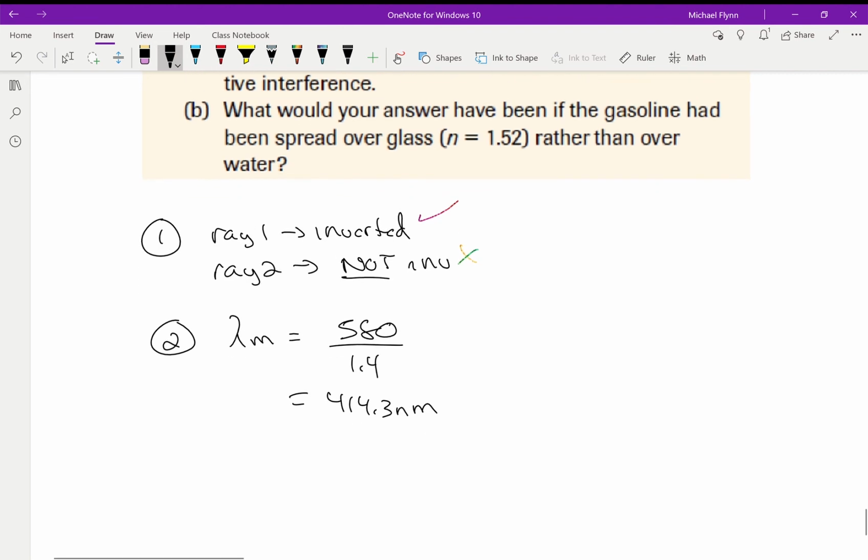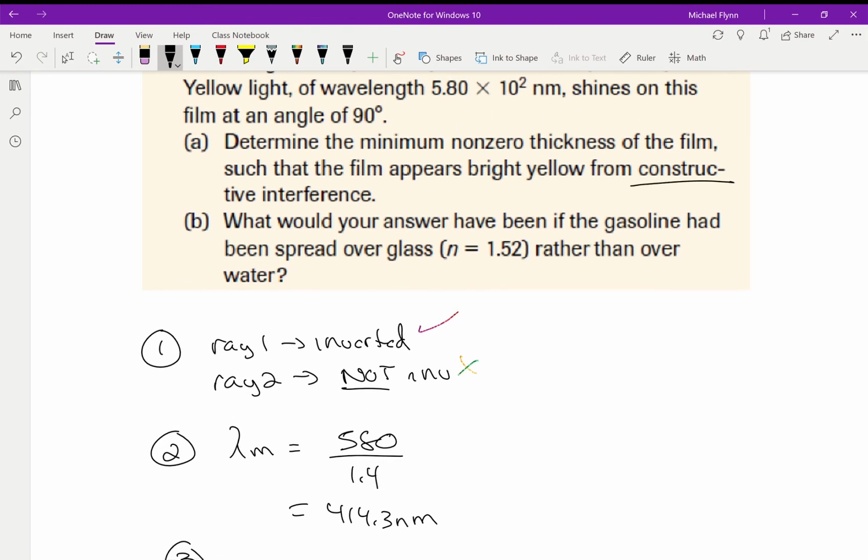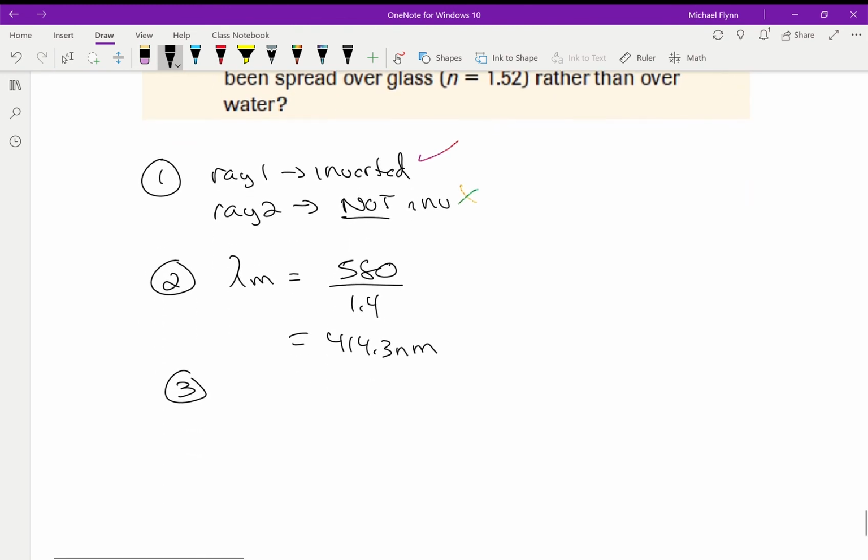Okay, so that's easy. Step 3, we're looking for constructive interference. So we're going to get path difference equals 2t. Constructive interference will occur under these circumstances at a half a wavelength, 3/2 of a wavelength, 5/2 of a wavelength, and so on. Okay, so the thinnest one will be the first one, 1/2 of a wavelength.